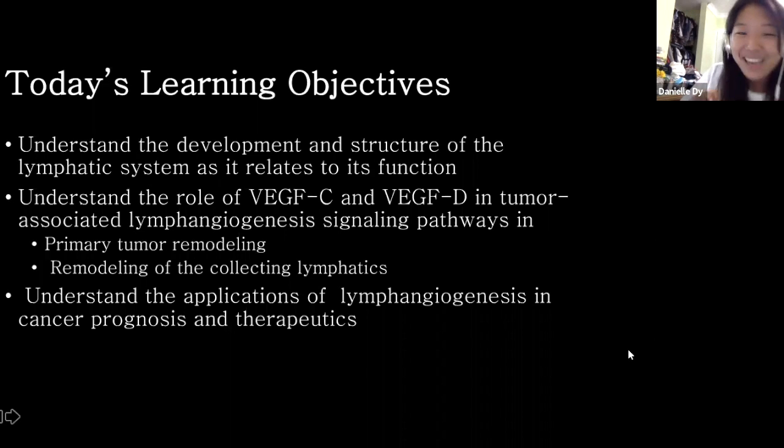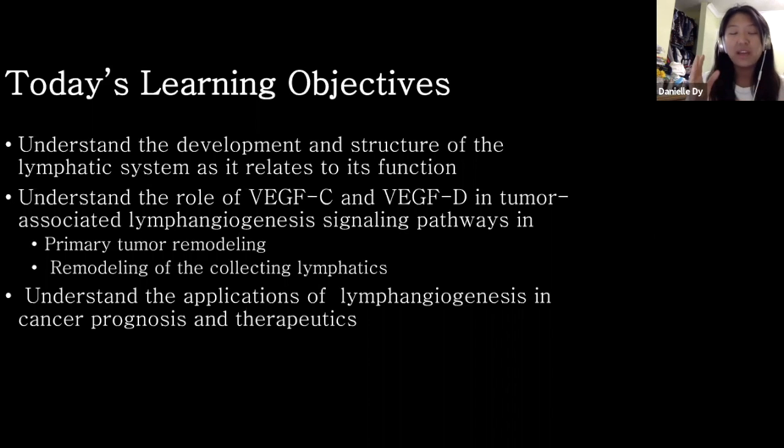Just like Arvin's presentation last week, we have a set of objectives. The first is to understand the development and structure of a lymphatic system, and structure relates to function, so I'm talking about function relative to that. The central signaling axis we're going to look at today is the VEGF-C and VEGF-D signaling axis. Those are the ligands, and they work with the receptor called VEGFR3.